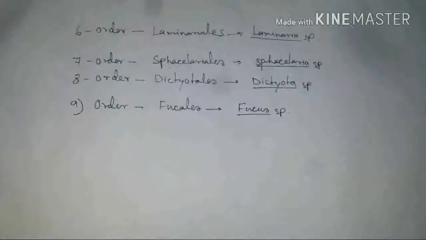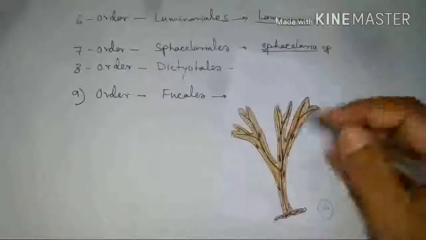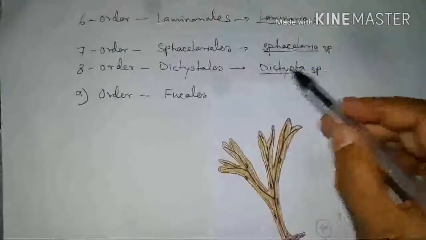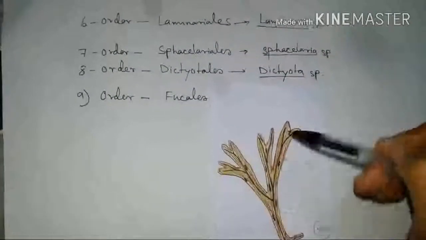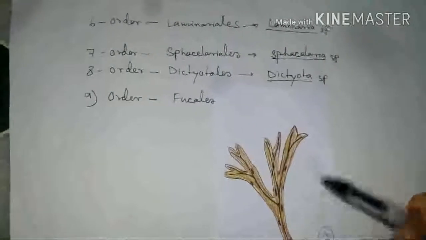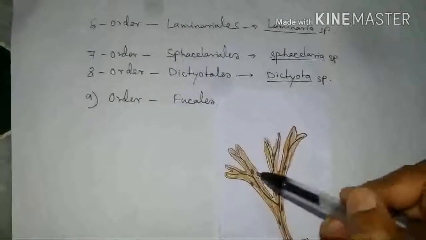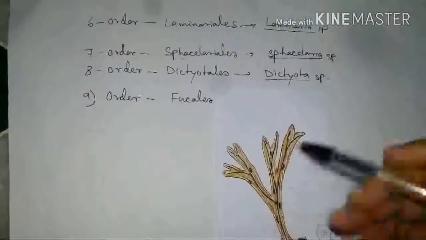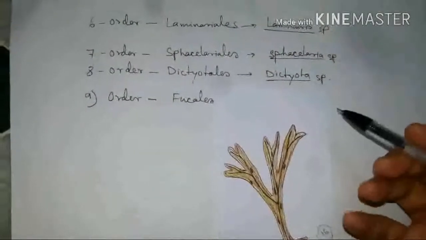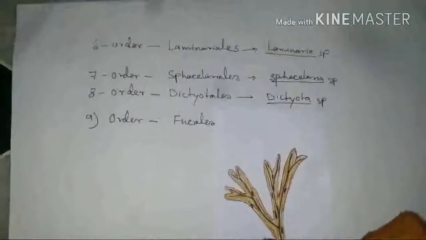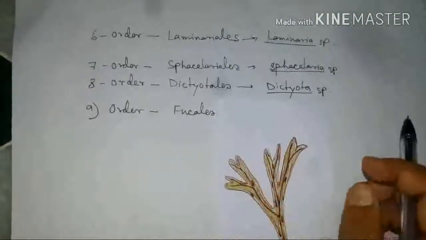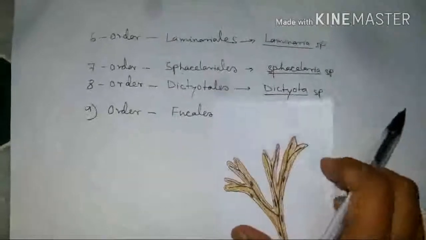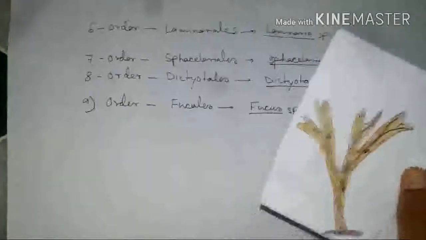So Fucus is also a dichotomously branched algae just like Dictyota, but here the midribs are present, and air bladders are also present all over the frond, which help in the buoyancy of this plant body. So this is all about the Phaeophyceae class according to Fritsch.